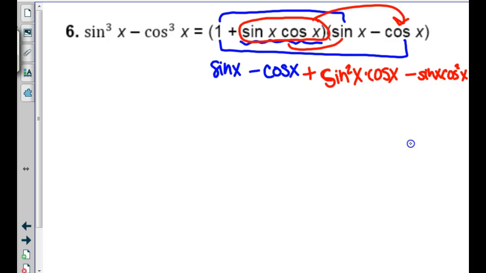Okay, the only thing I can think of to do is rewrite them in a different order. So I'm putting this one with this one.